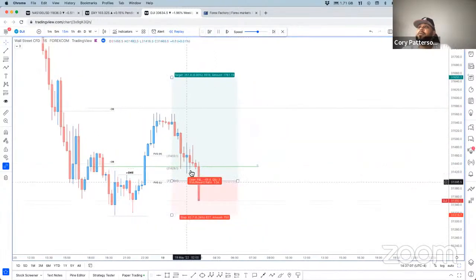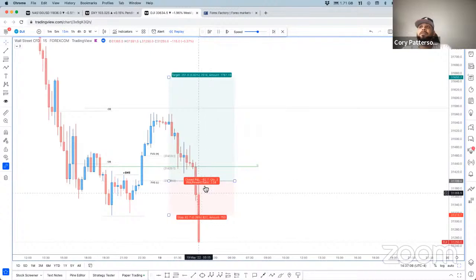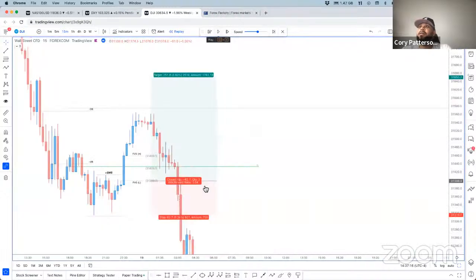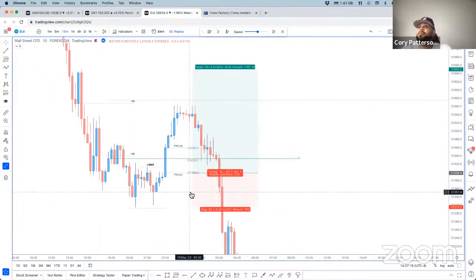We hit the middle. And I'm glad this happened, right? This is a case where it didn't work, right? Because we got what we wanted to see, right? Shifting market structure, engulfing. But what are we overall? We still bearish, right?